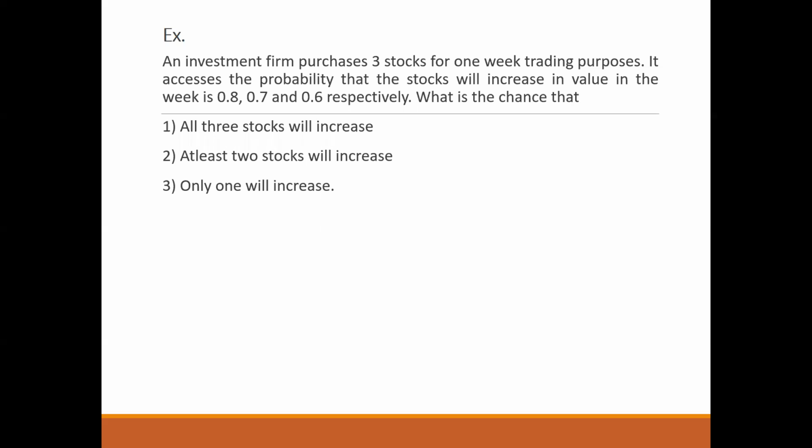Okay, so using these 3 events, please give a try to solve the problem. And we also have the probabilities given to us. So PA, if I take A as the first stock, will be 0.8, PB will be 0.7, PC will be 0.6.